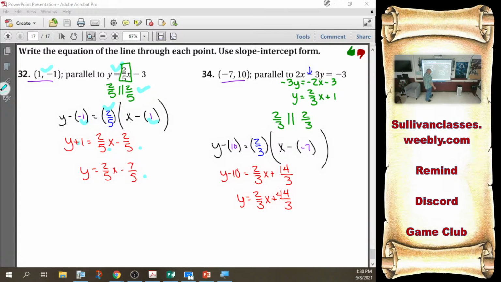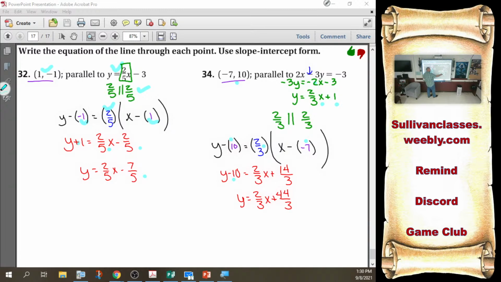Contestant 2. First, move your -2x over. Divide everything by a -3. The only thing in there you care about, again, is the slope. Parallel to 2/3 is still 2/3. Plug it in. Take your points. Plug them in.